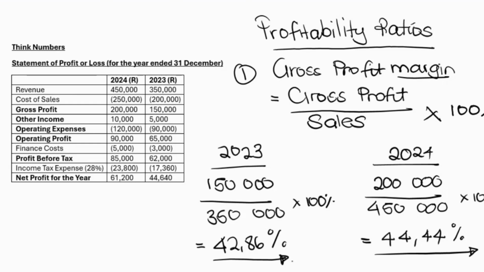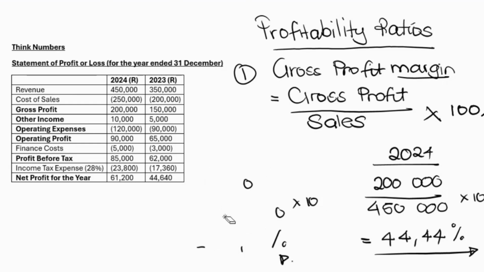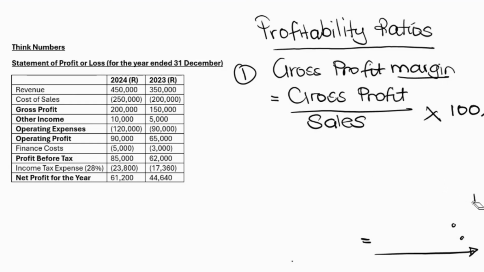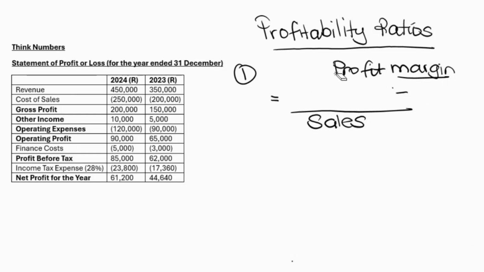All right. Then the second ratio that we'll now get into is called the operating profit margin. And I think you can sort of guess what that formula is going to look like.